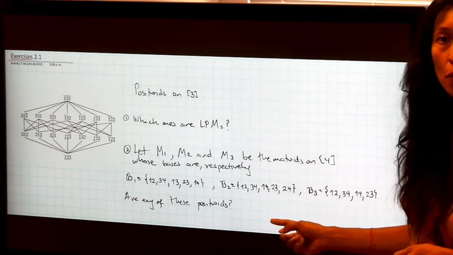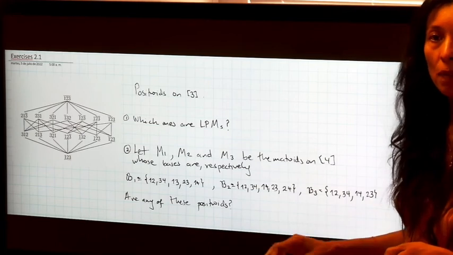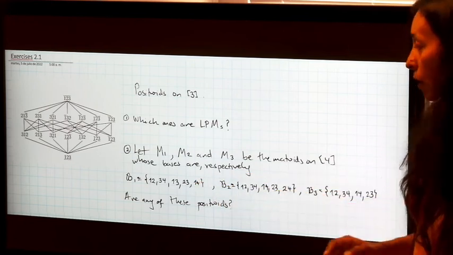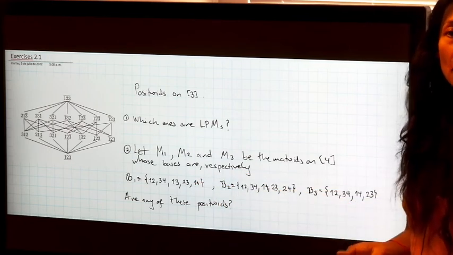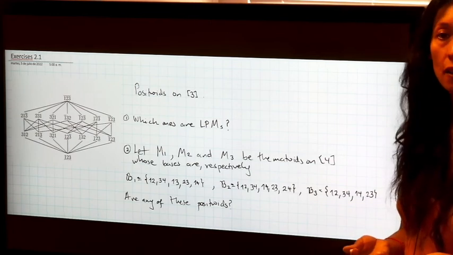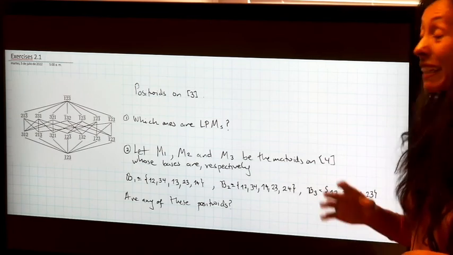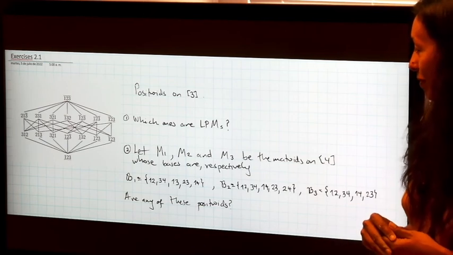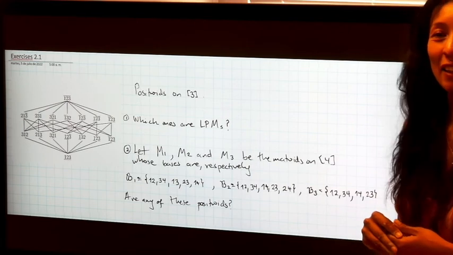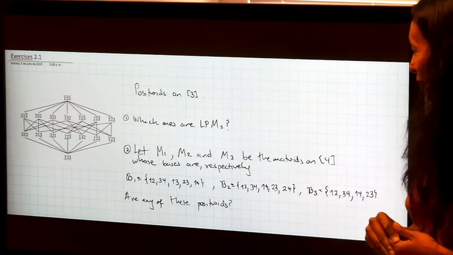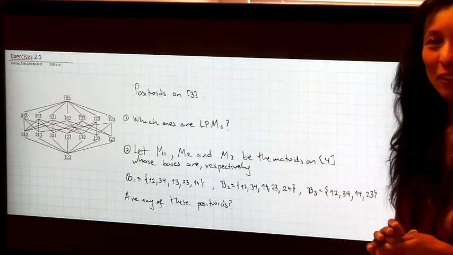Here in part 2, you have 3 matrices. They are 3 matrices on 4 elements and different collections of bases. And you're asked to determine whether or not they are positroids. Already you have tools to do that. But the nice thing about this is, I don't know if I should spoil the answer, but you will see what happens with them.